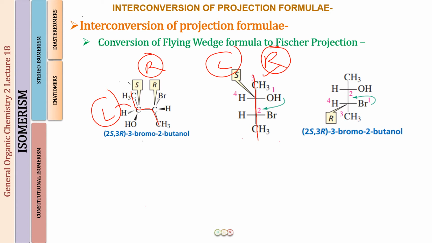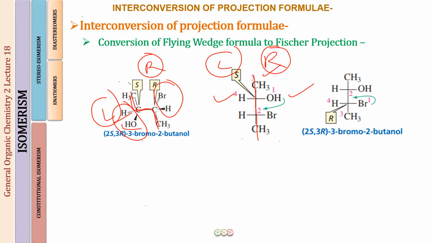So I see that for C2, the groups are lying on the left side. When they are lying on the left side, the group which is attached to the dash, that is hydrogen, let that remain on the left side. Take the OH group to the other side. Next, see the other groups, we have bromine and hydrogen, now on the right side of the vertical line.